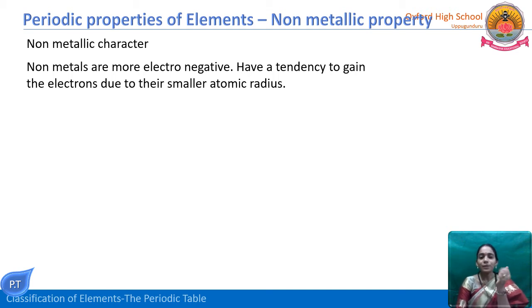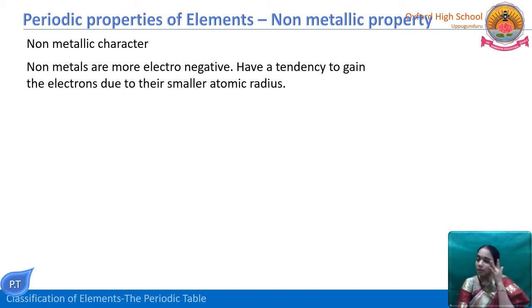Non-metals are electronegative elements and have a tendency to gain electrons due to their smaller atomic radius. Why do they have a tendency to gain electrons? Because they have very small size, that means the atomic radius is small.